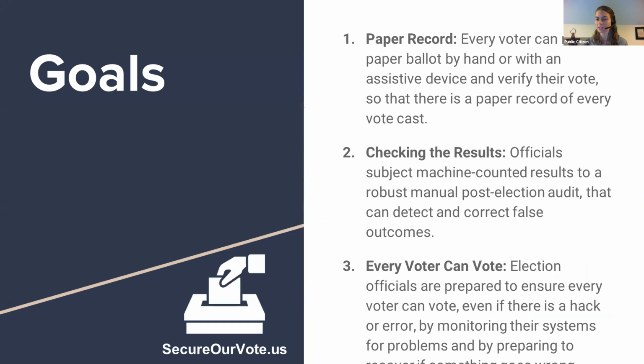So our top priorities: a paper record for every vote cast, whether marked by hand or an assistive device; a way to check the results through an audit that can help detect correct or false outcomes; and then the kind of resiliency in voter rolls that both Larry and Marian were discussing, so that every voter can cast a ballot on election day if they choose to.